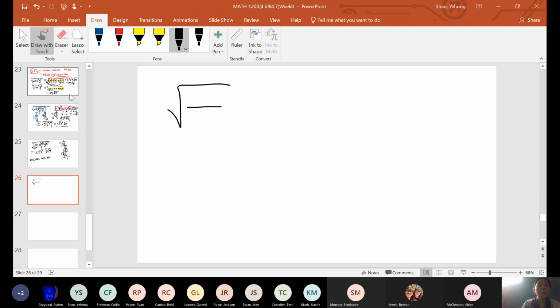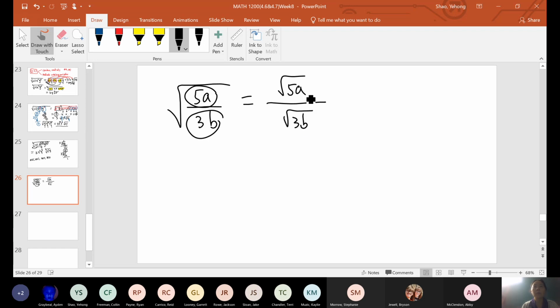So what if I have the square root of 5a over 3b? First of all, we can still split into 2 problems, the top and the bottom. When you take the square root of a fraction, you can take the square root of the top and the square root of the bottom. So you get the square root of 5a divided by the square root of 3b.